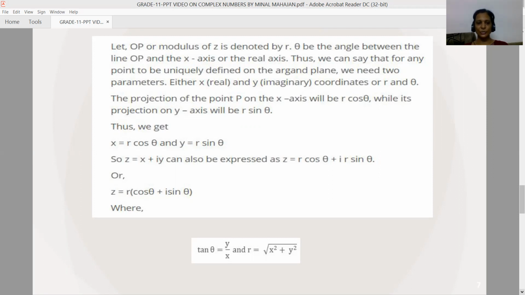Thus we get x is equal to r cos theta and y is equal to r sin theta. So z is equal to x plus iy can also be represented as z is equal to r cos theta plus i r sin theta, or z is equal to r (cos theta plus i sin theta), where tan theta is equal to y upon x and r, meaning modulus of z, is equal to square root of x squared plus y squared.